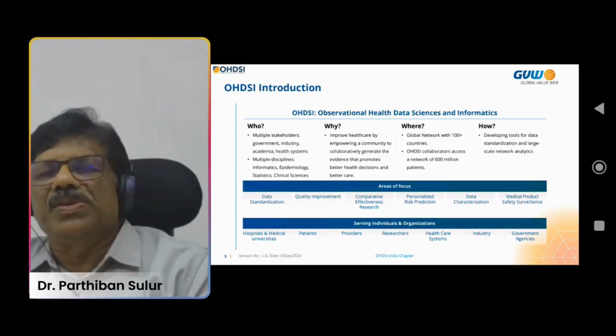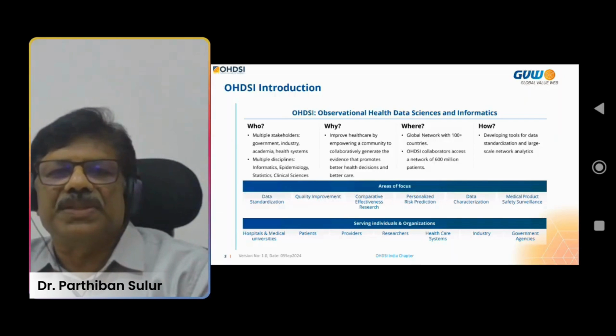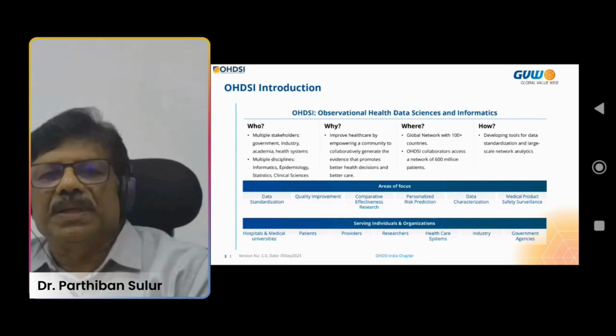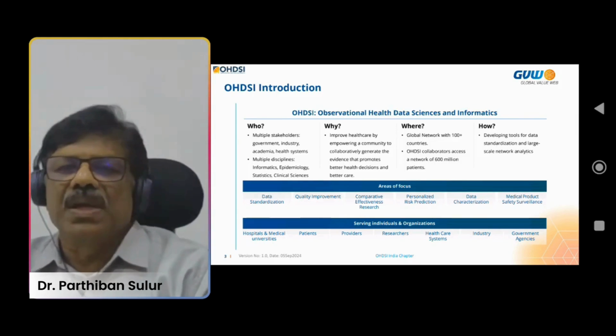All the open source tools are available from the community, and this is a very supportive community, and this can help in data standardization, quality improvement, effectiveness comparison, risk prediction, data characterization, safety surveillance, and so on.